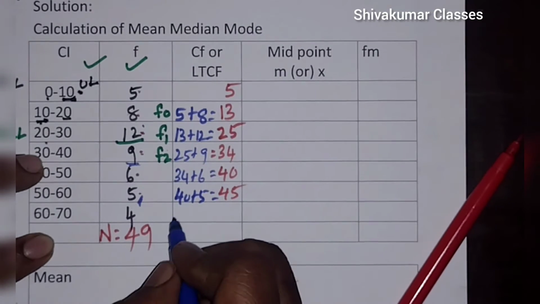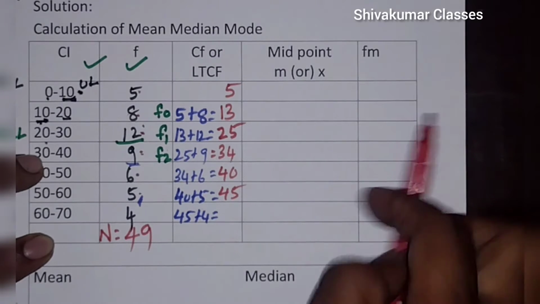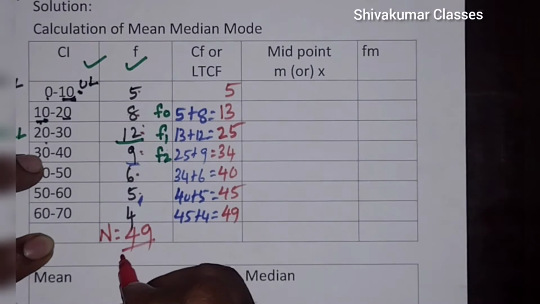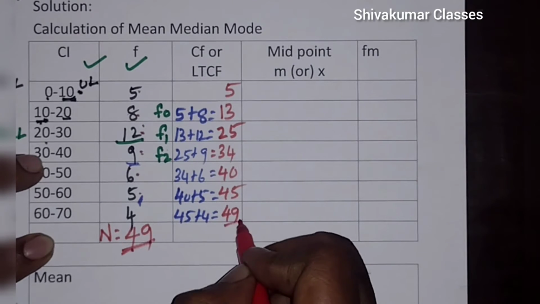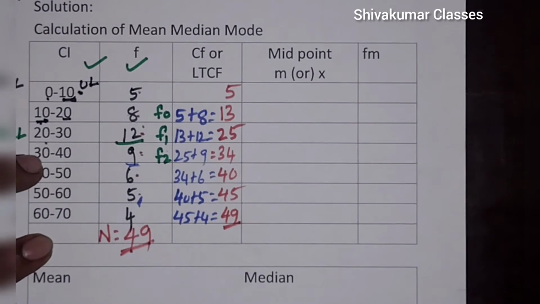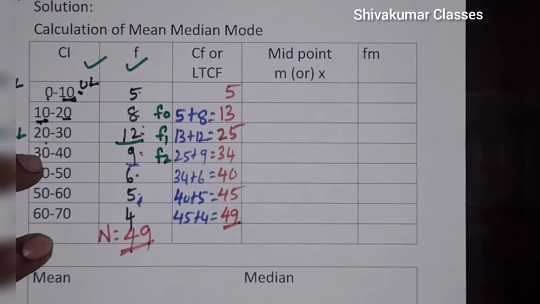And next, 45 plus 4 is 49. Now you can observe that your n is 49 and the cumulative total also is 49. Now only this much is enough for calculation of median.